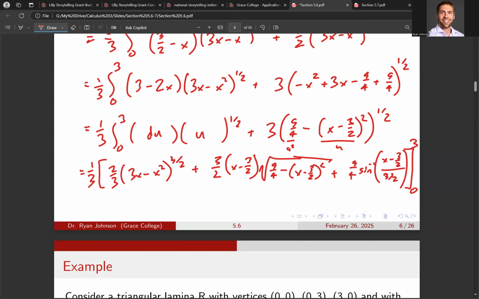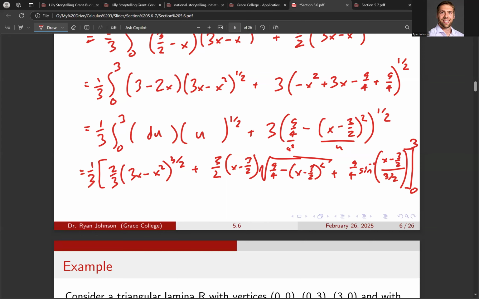So the first two terms are 0 for both 0 and 3. And so plugging in 3 there would be arc sine of 1. And so arc sine of 1 would be pi over 2, right?